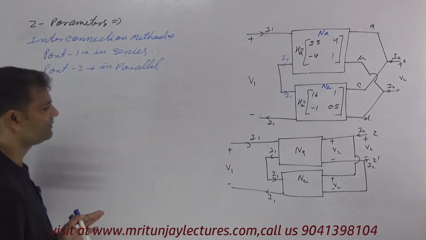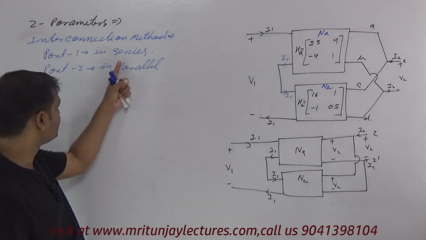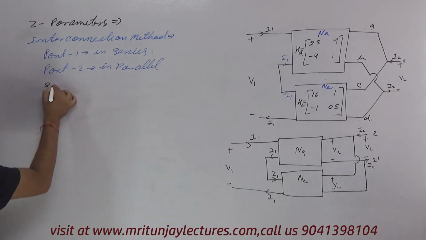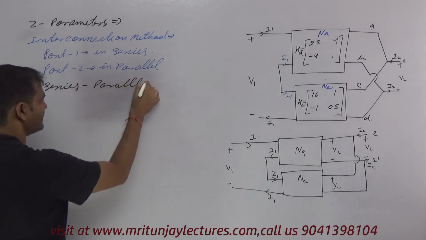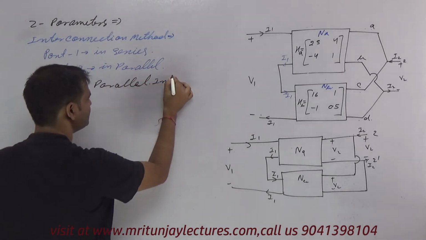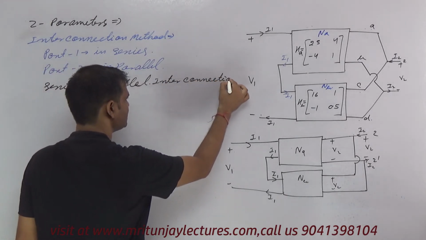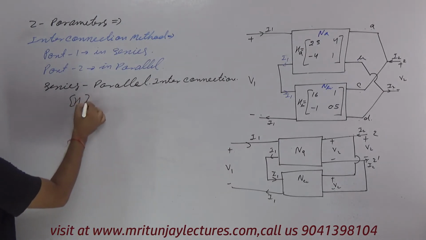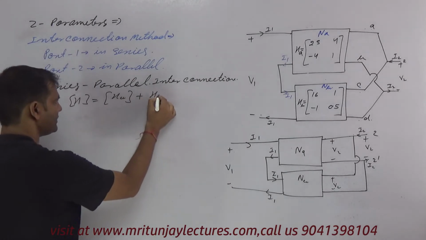So you can apply the direct formula if port 1 is in series and port 2 in parallel. It means series-parallel interconnection, which I have already discussed. So H is HA plus HB.